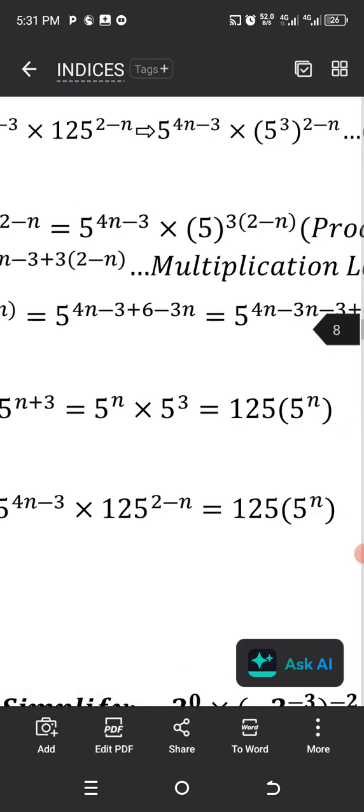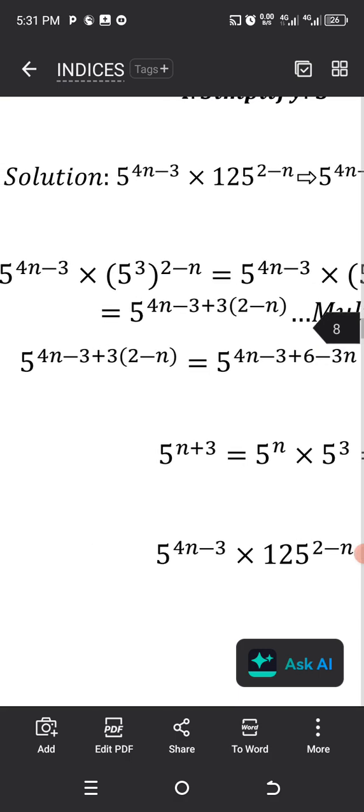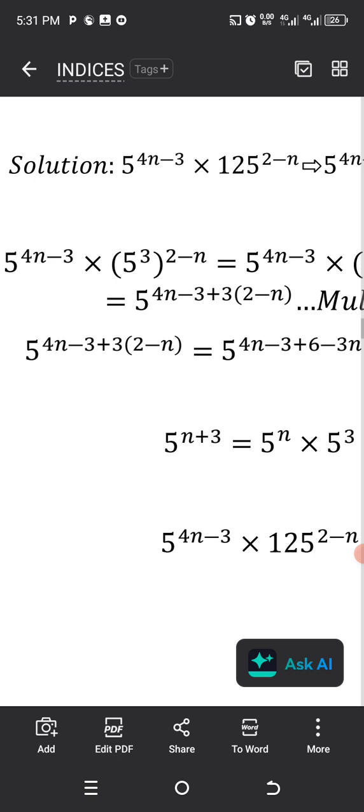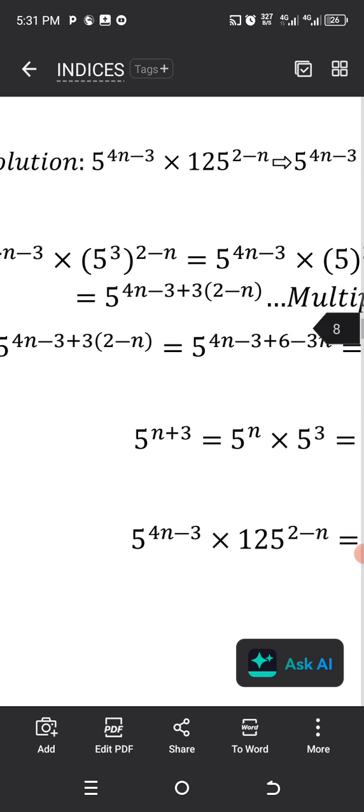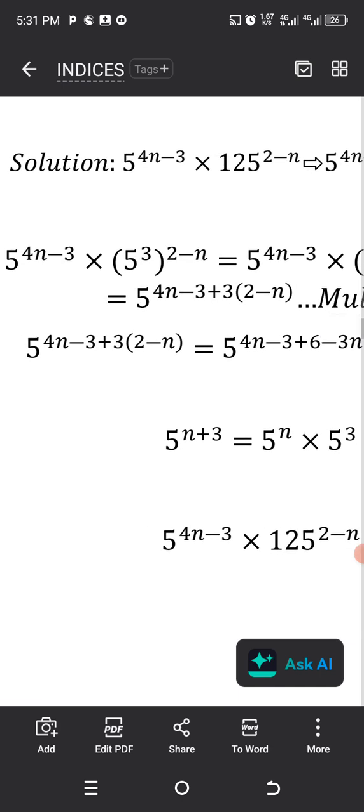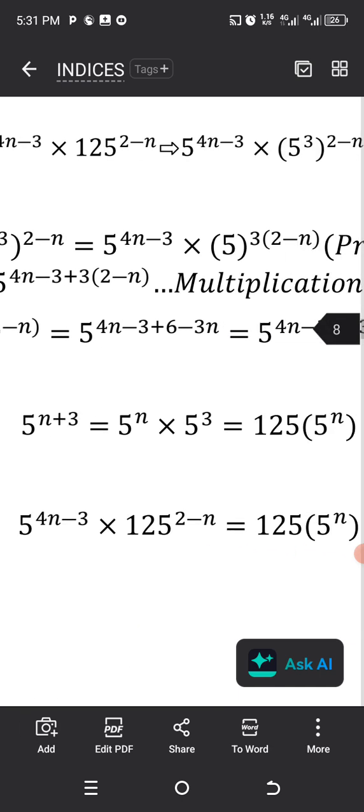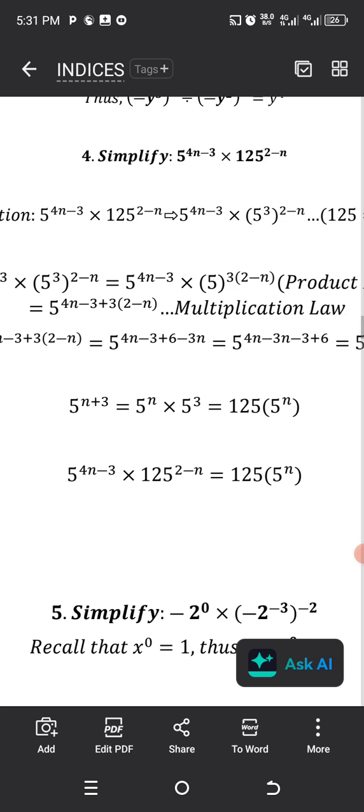So if you open the bracket, you can open the bracket or you just add it up. From here we apply multiplication law. You can see that once they have the same base, apply multiplication law. That is why we are having 5 raised to power 4n minus 3 plus 3 into parentheses 2 minus n.